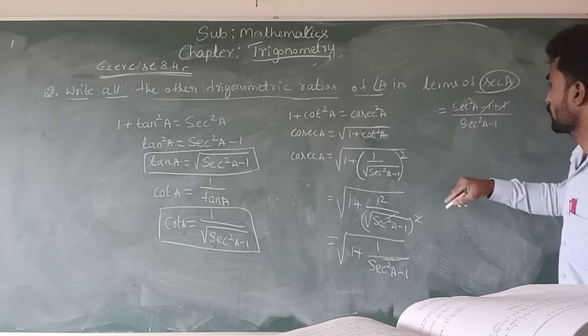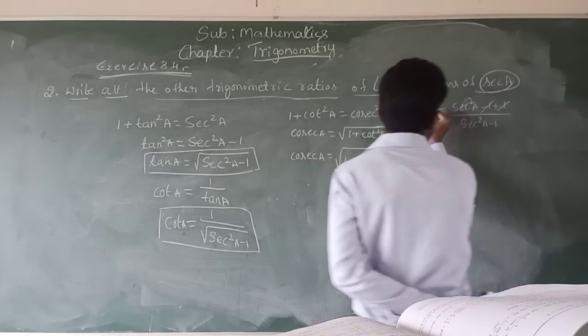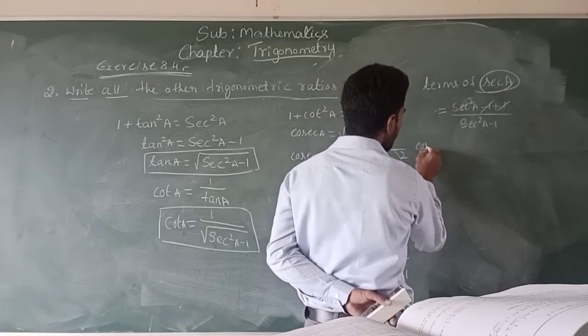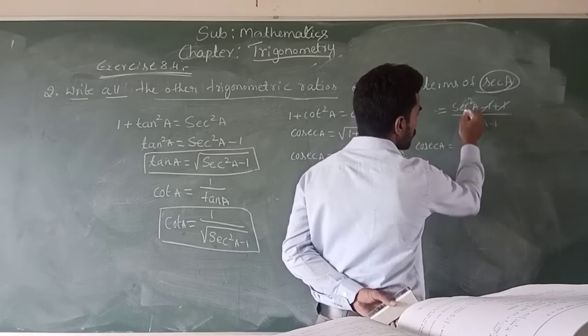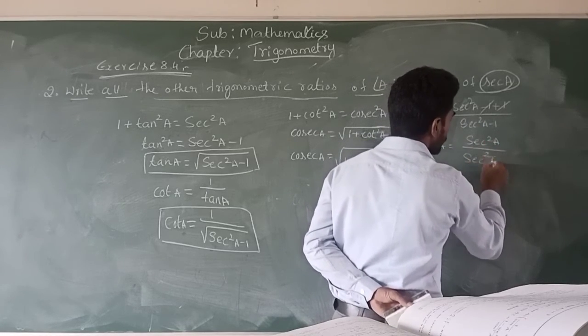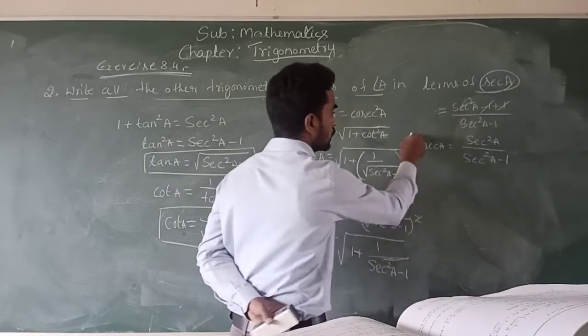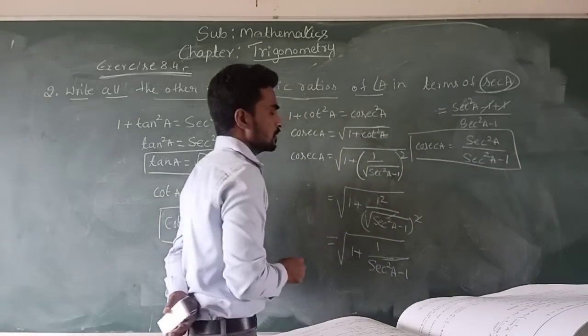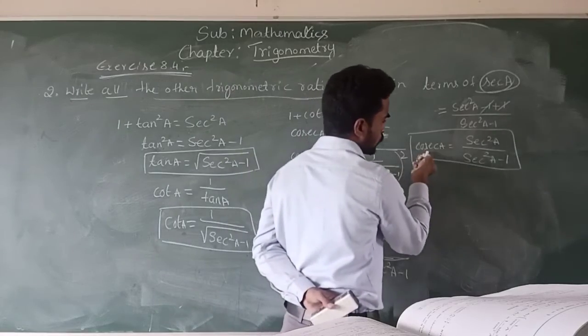Now the 1s will cancel out. Then cosecant A is equal to secant square A divided by secant square A minus 1. This is cosecant A expressed in terms of secant A.